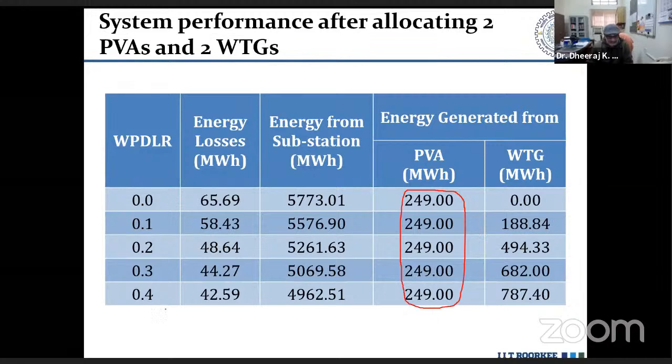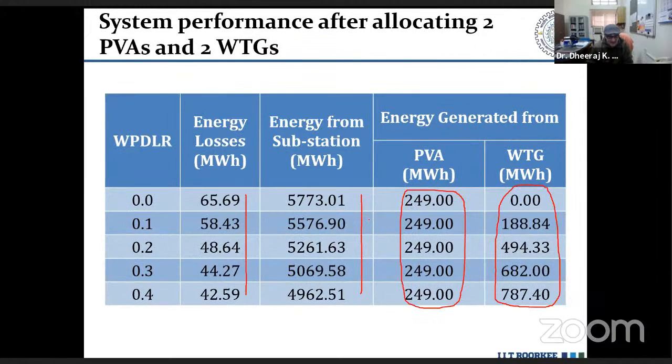And with the increase in the wind power to load dispatch ratio, the generation from the wind turbine is also increasing. Losses are reducing and energy from the substation is also decreasing.